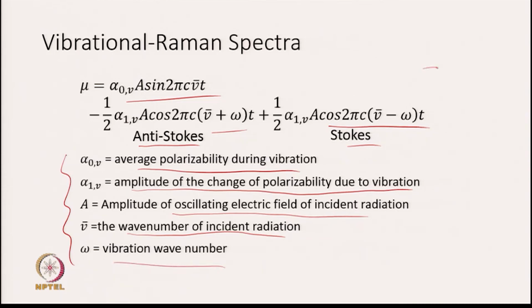So, in the case of vibrational Raman spectrum, you again get two lines, anti-Stokes and Stokes, along with your Rayleigh line, and the wave numbers here correspond to nu plus omega and nu minus omega.